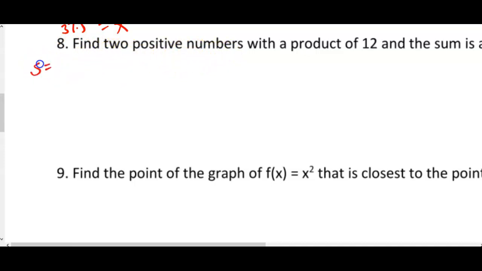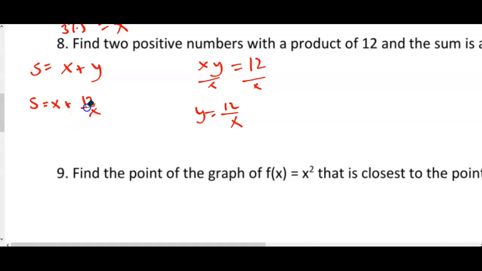Find two, so S equals x plus y. The sum of two positive numbers and the product. The product equals 12. So we isolate y by dividing by x. And then we're going to take that and plug it into y.